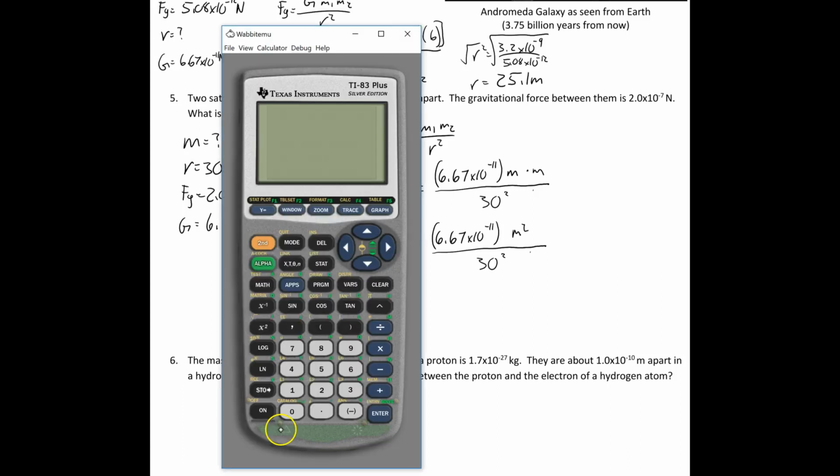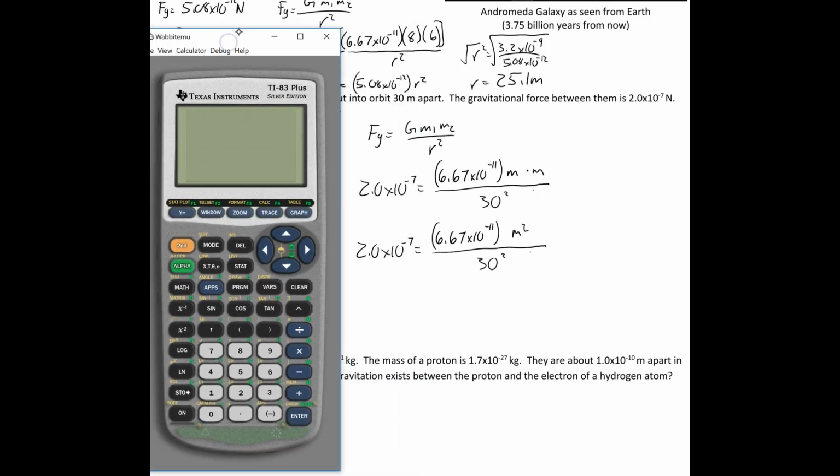So you do 2.0 times 10 to the negative 7. See, I'm going back to my old ways. Times 30 squared. In this case, it's not going to matter. Sometimes it doesn't matter. Sometimes it does, mostly when you're dividing.